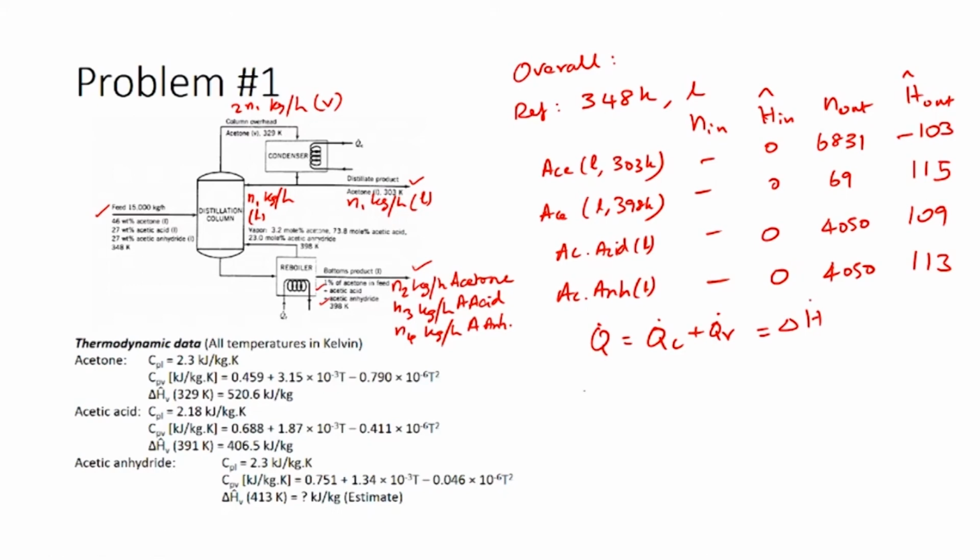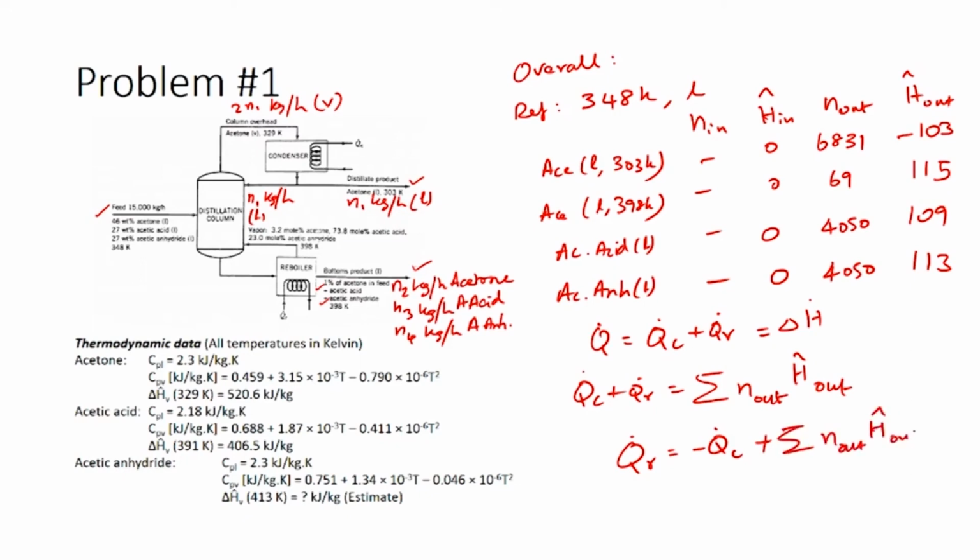So, now we have QC dot plus QR dot equals sigma of N out H cap out. As all the values for H in are 0, we can ignore the inlet stream. So, we would get QR dot as minus QC dot plus sigma of N out H cap out.